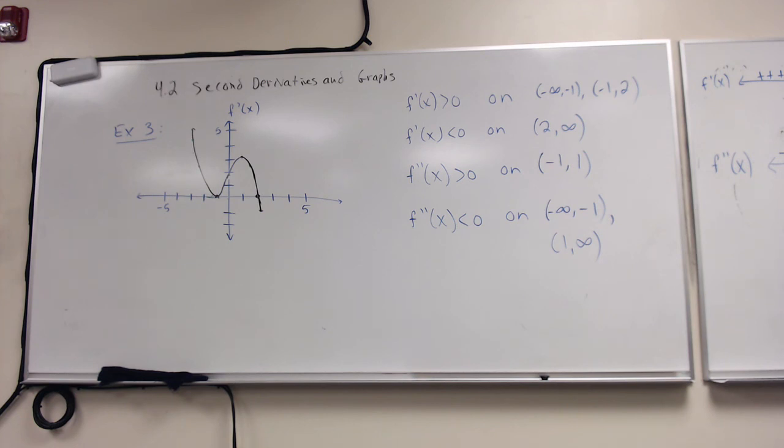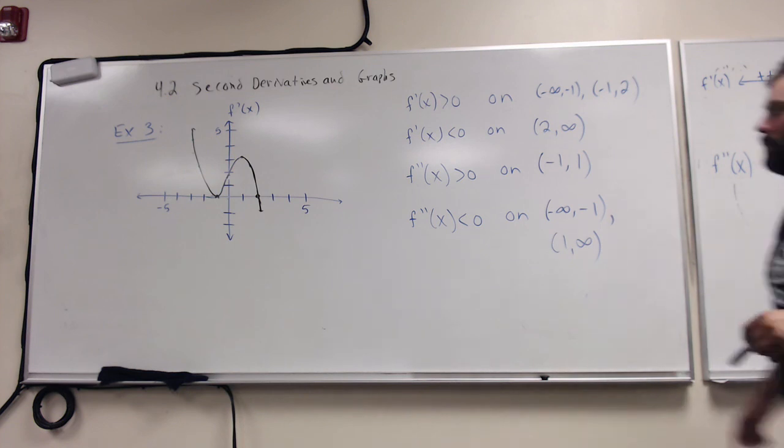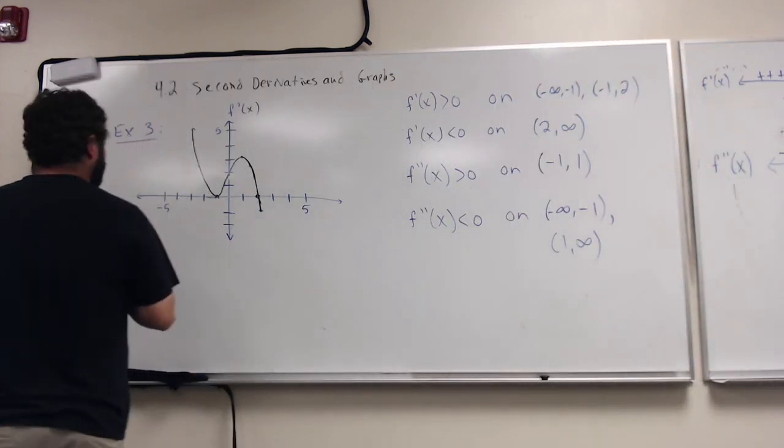And there are actually 2 inflection points. You have to have an inflection point at -1 and at +1. The left half of the graph is going to be the easiest to draw, because where the first derivative is positive, our original function is increasing, but we also know it's supposed to be concave down. I'll just make something up.